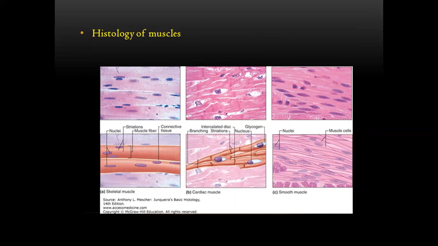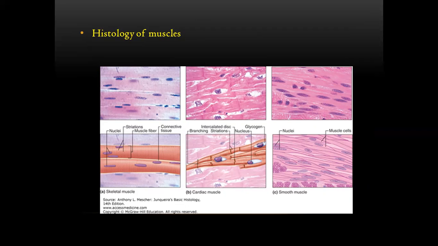The next question was about the histology of muscle. They have asked in the question paper about the histology of smooth muscle. So let's discuss the histology of all three muscles. Skeletal muscle is composed of large elongated multinucleated fibers.